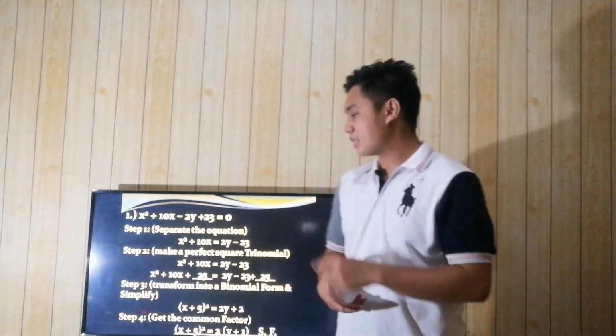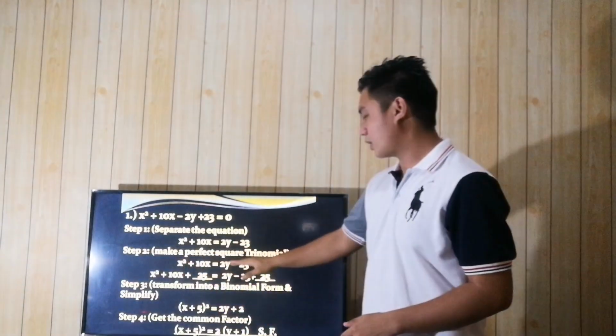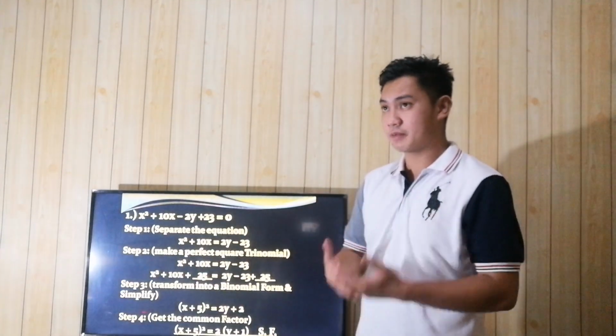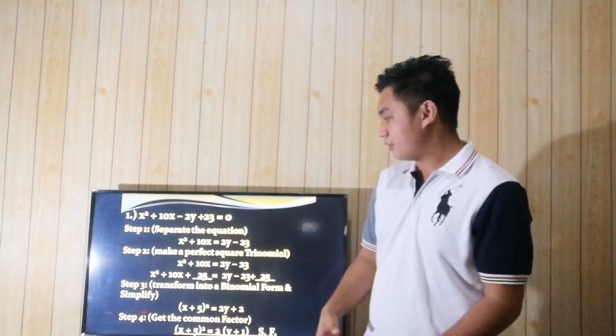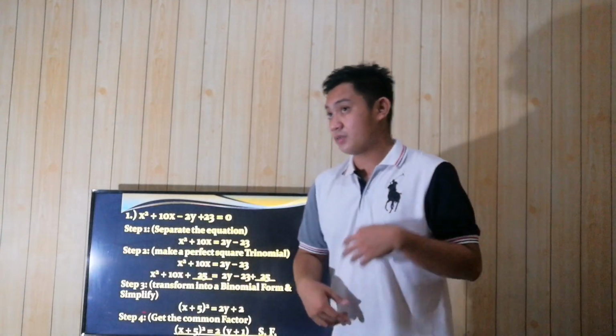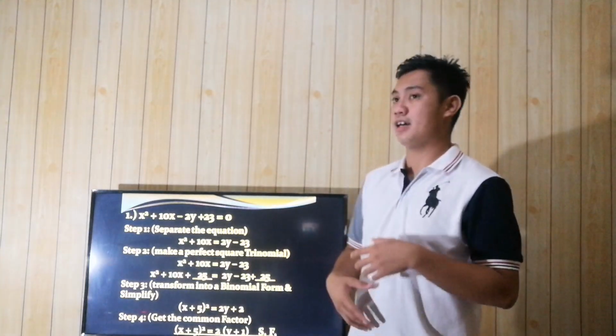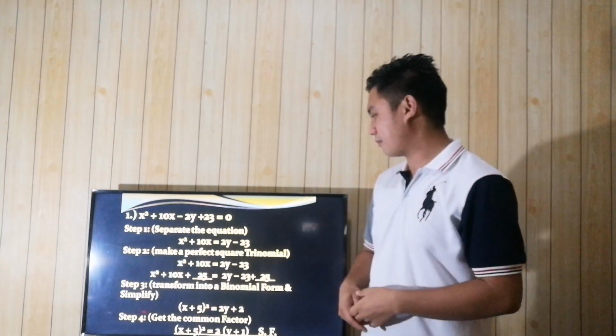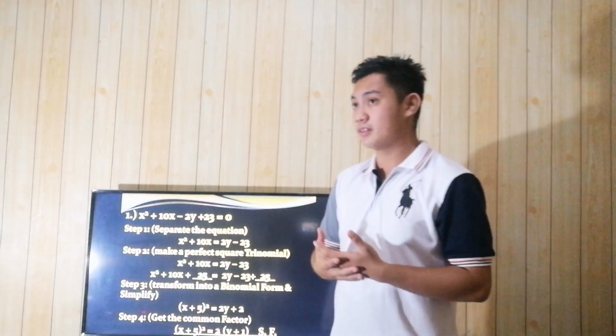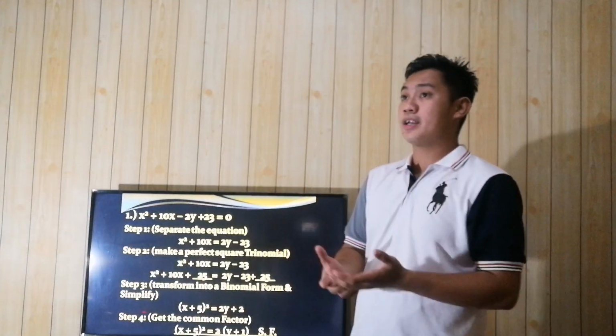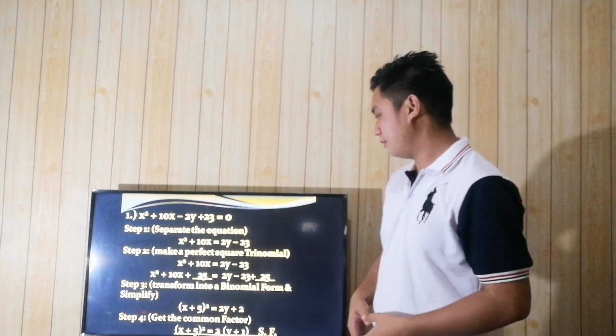Okay, now, step 2 is make a perfect square trinomial. Paano? Yung topic natin sa mga nakaraang topic pa, alam niyo na kung paano gumawa ng perfect square trinomial. Mag-perform.